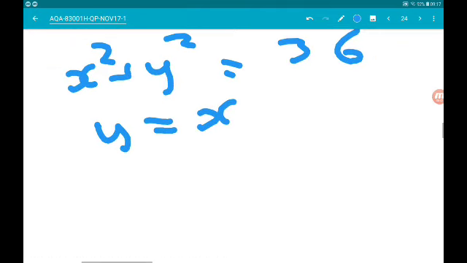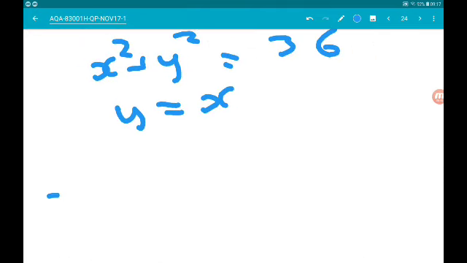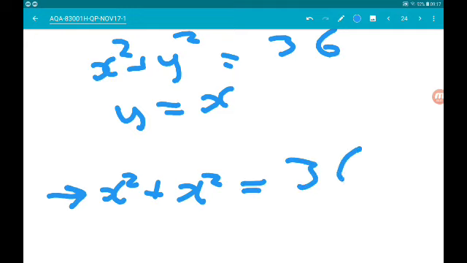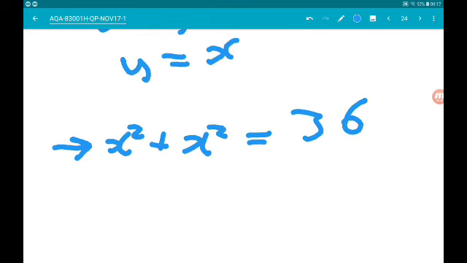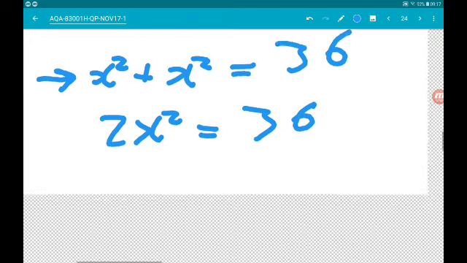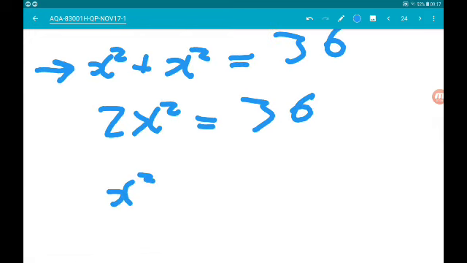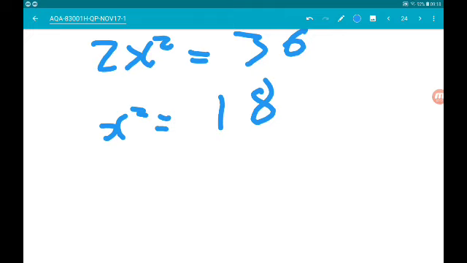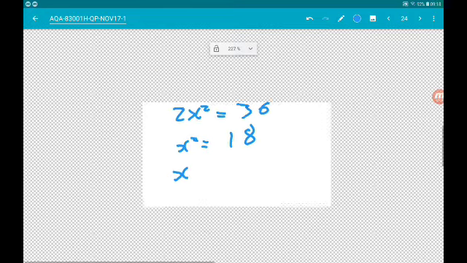So what we're going to get is x squared add x squared, because y is x, is equal to 36. So 2x squared is equal to 36. Divide by 2, x squared is equal to 18. Square root, and we get x. Now, let's think about where we are.